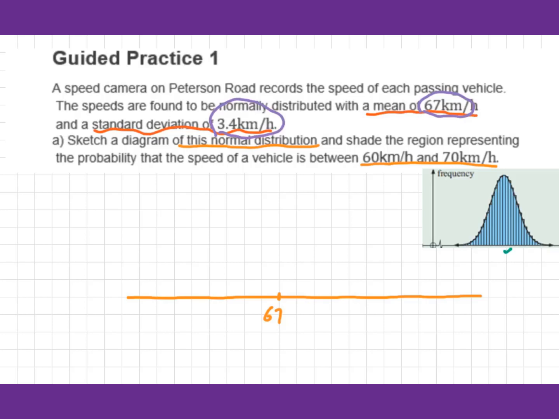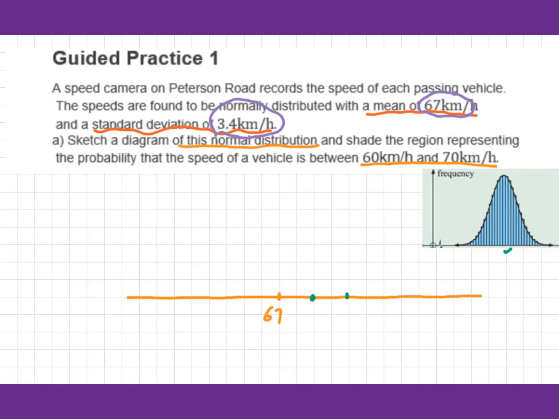Therefore, we know the mean is 67. For the standard deviation 3.4, I keep adding 3.4 to or subtracting 3.4 from 67 so that we can draw this bell-shaped graph.